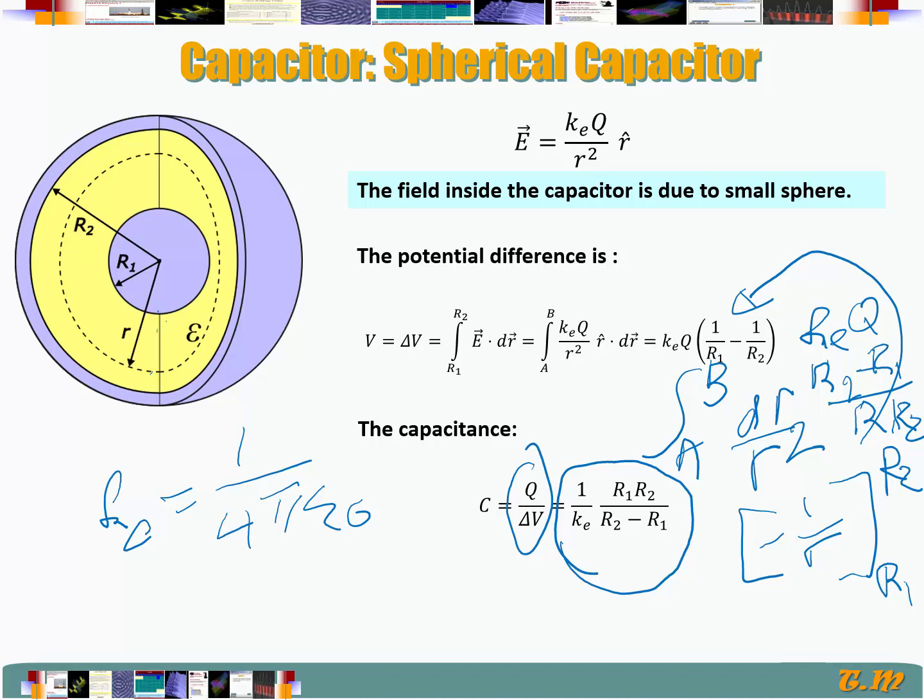But normally, in a spherical capacitor, we are going to have a dielectric in between. The yellow stuff would be made up of a dielectric. In that case, instead of K_E with epsilon 0, it's going to be epsilon, where epsilon is the dielectric constant, kappa, times epsilon 0.